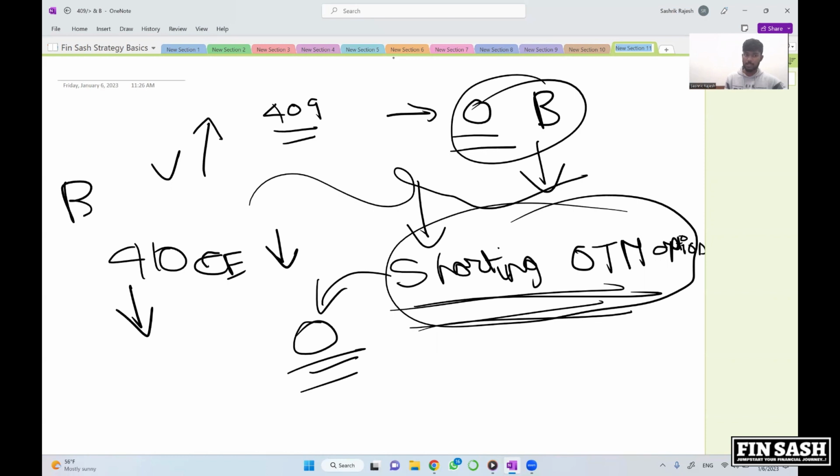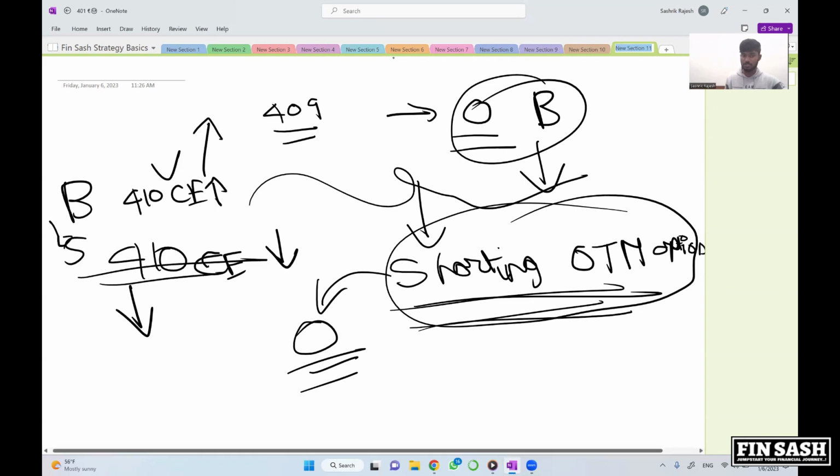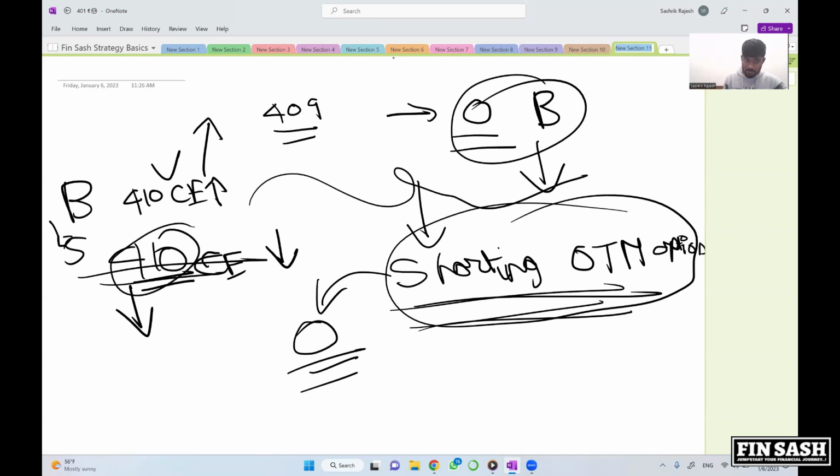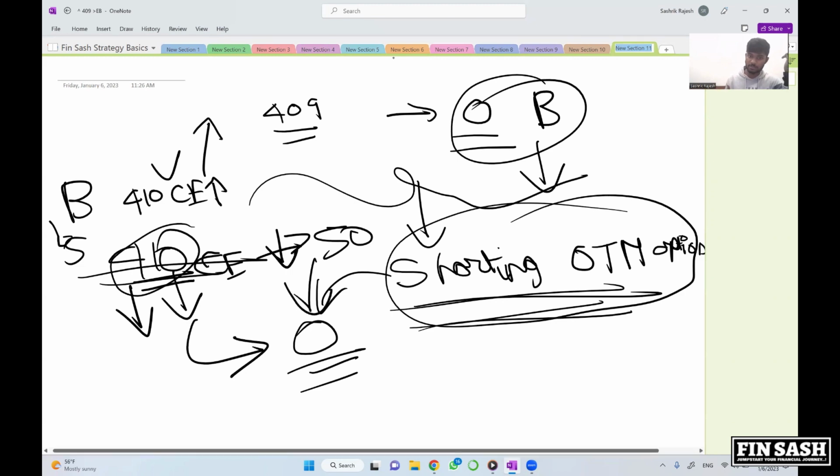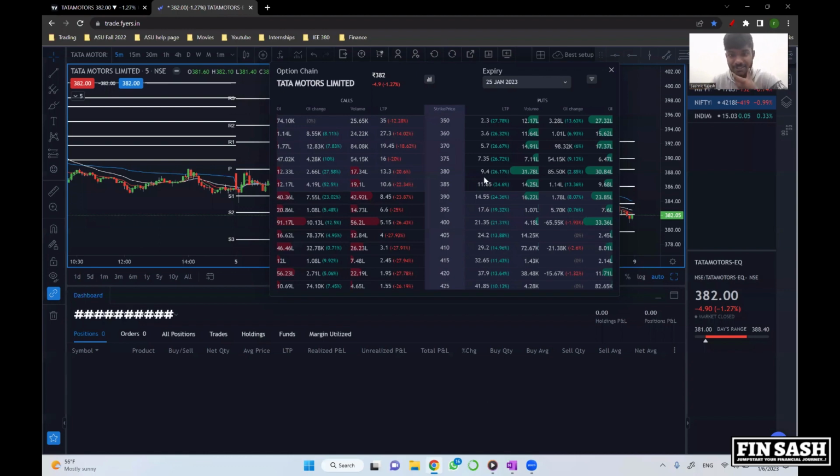Because if you buy 410 CE, you think that the market's bullish. But the opposite is you think that the market's bearish. So as long as it stays below this level, you make the entire money. So if you shorted this option at 50 rupees, just by doing nothing, just by predicting where the market won't go, you make this entire money.